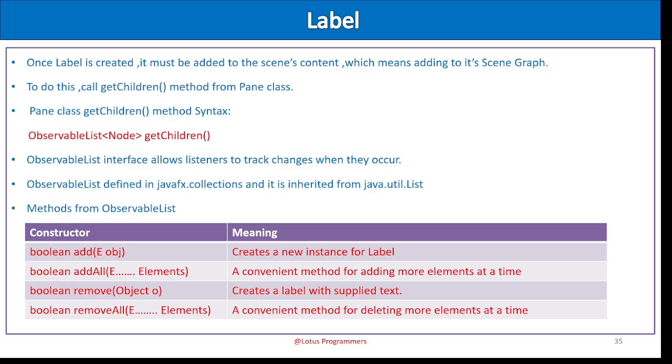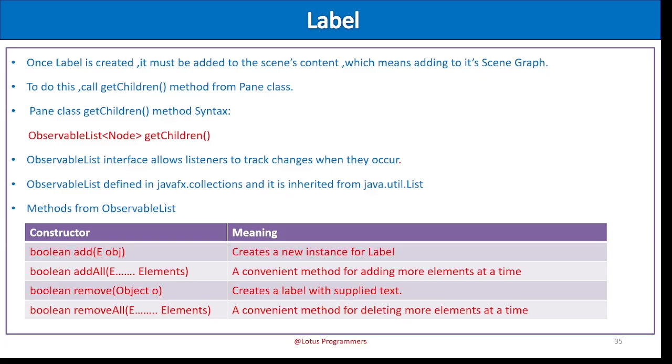Suppose you would like to add multiple elements, call addAll, specifying multiple objects separated by commas. If you would like to remove an element that was added to the observable list, call the remove method by specifying that object.